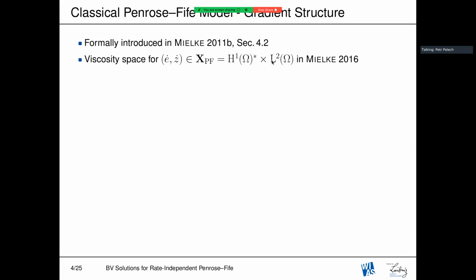So we have the viscous space for the phase field is L2, but this H1 dual is, for me, a surprise to work with such a space. And this viscosity space for rates, we denote XPF for Penrose-Fife space.